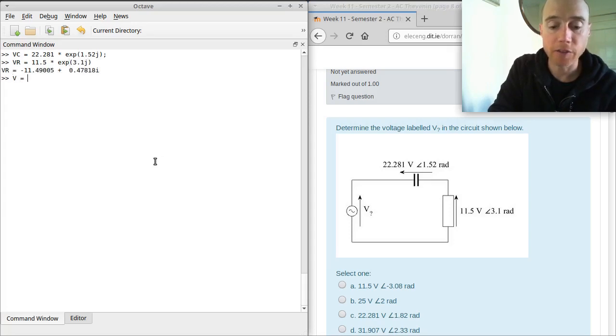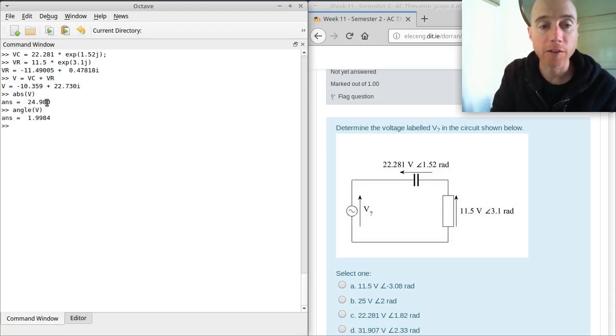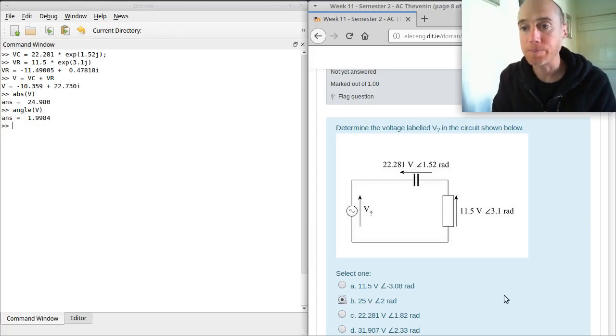And V finally is the sum of those two, so Vc plus Vr. And putting that into polar form, I get the magnitude and the angle of V. So 24.98 volts with an angle of very close to 2 radians. So that looks like answer B in this case.